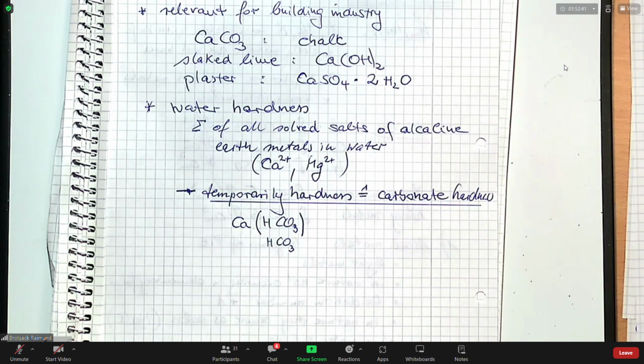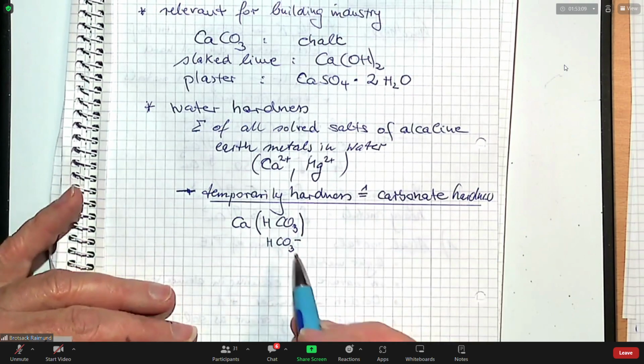What is the oxidation number of oxygen? -2. So -6. Please keep in mind. What is always for the hydrogen? +1. What is always for the carbonate the maximum? +4. 1 plus 4 is 5, but we have -6. What is the charge? -1.